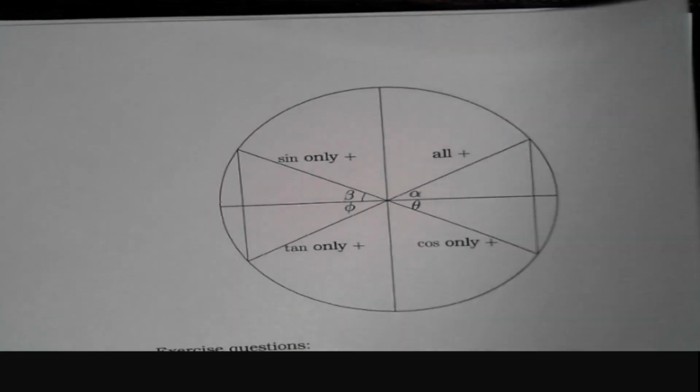Now let's practice with a few questions. After we understand the relation, what about cosine 210, tangent 300, sine 330 degrees, cosine 120 degrees, tangent 150 degrees? How do you find the triangle and how do you get the value?